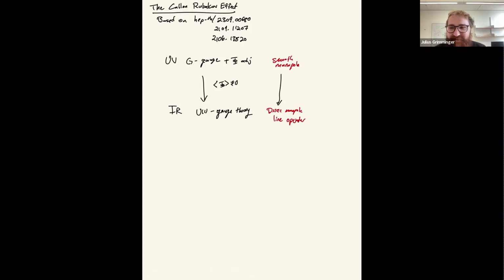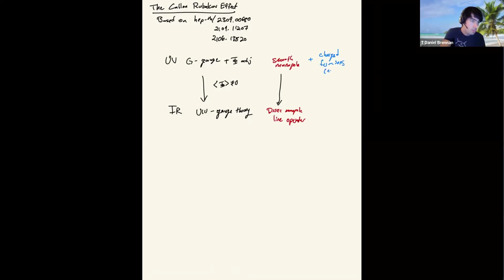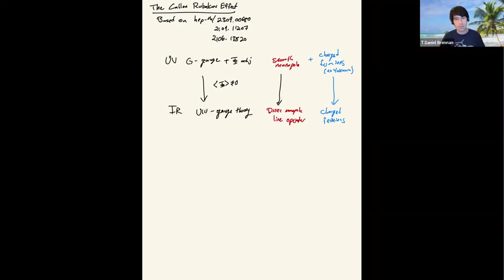If you also add charged matter to this UV theory, some sort of charged fermions, and we want to do this without Yukawa coupling, then in the infrared, this leads to charged fermions that are generically massless, unless you add some mass in the UV and then they flow to massive fermions in the infrared.